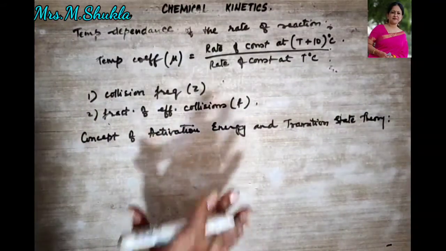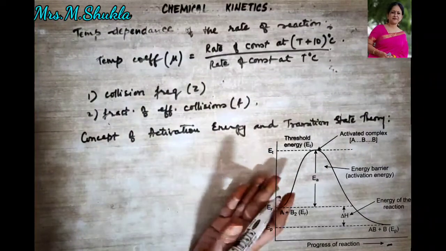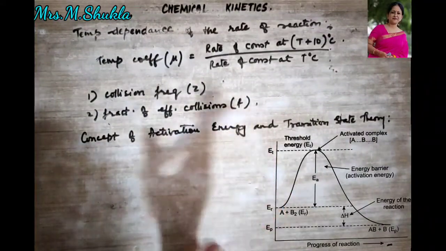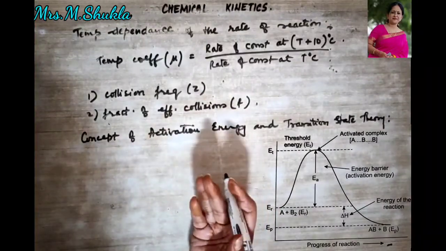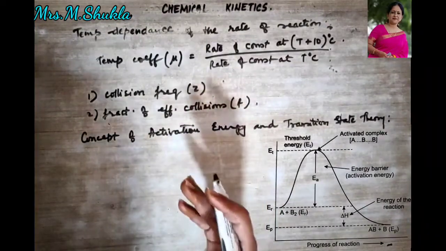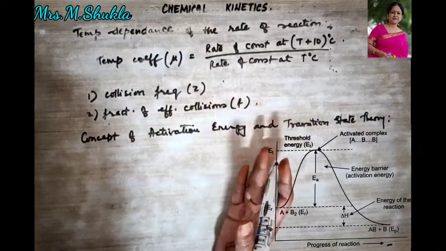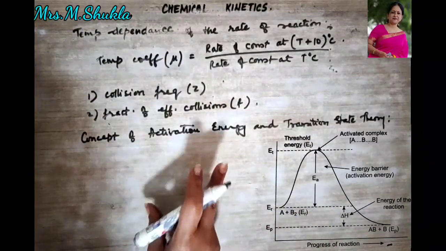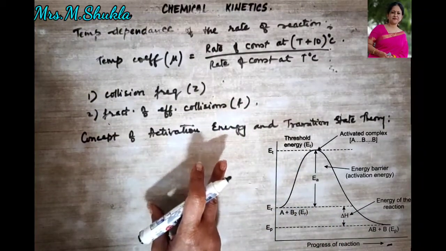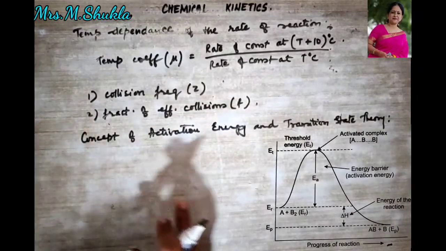Now, we know that all chemical reactions do not take place at room temperature, right? Some extra energy has to be supplied to the reactants to bring their energy to the threshold energy to carry out the reaction, right? So this excess energy must be supplied to the reactant for it to undergo chemical reaction.